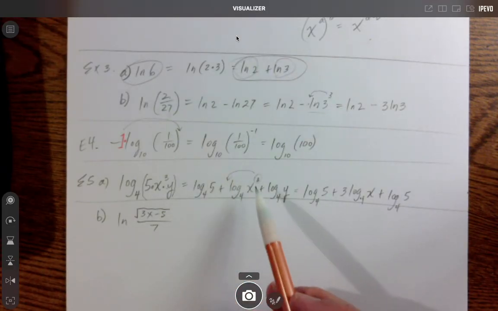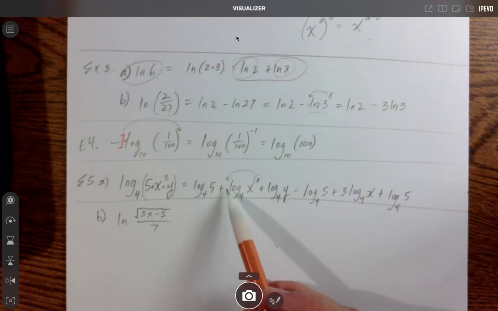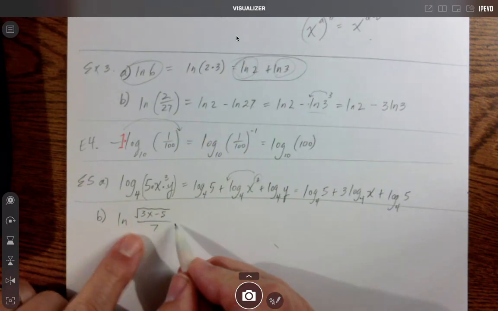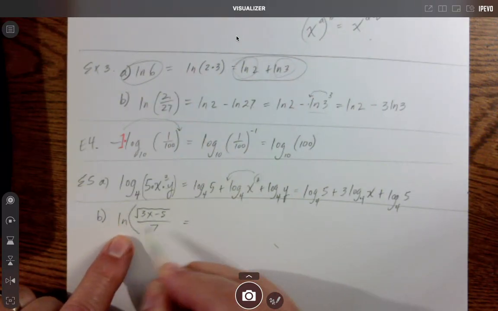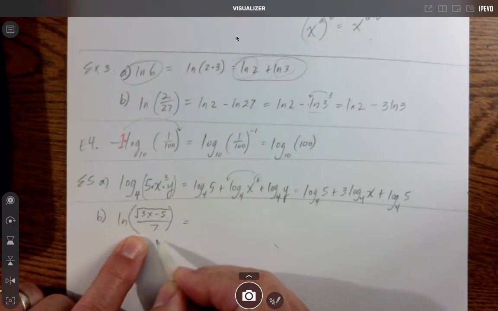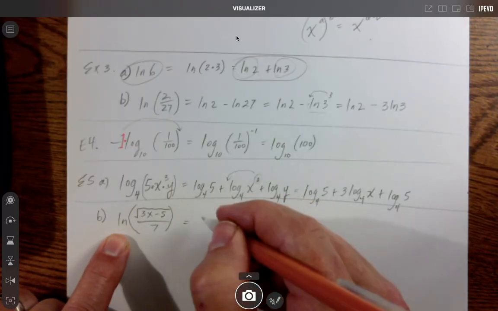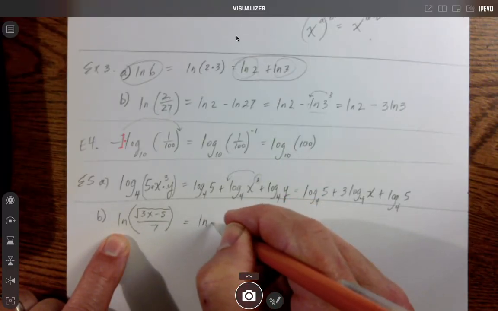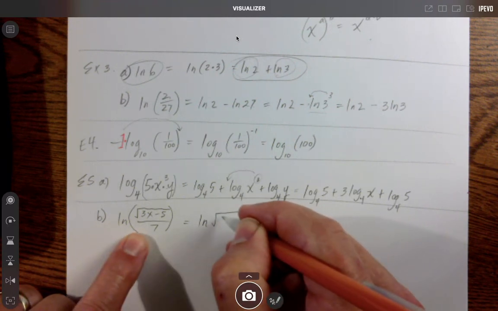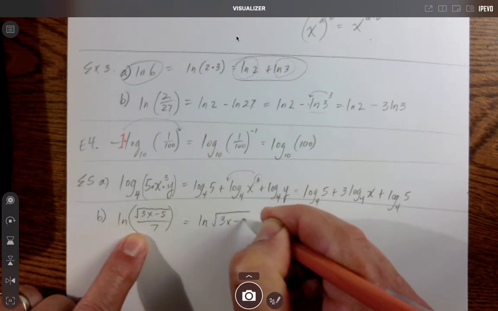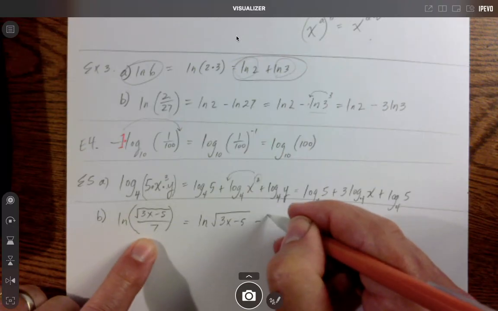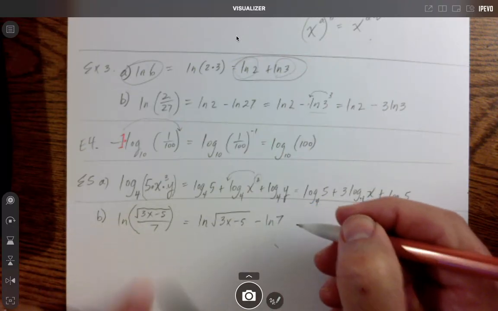Make sure that I get rid of any exponents. If I have them, turn them into factors. So here we're taking the log of a quotient, right? This is a quotient. So that could be broken up into two logs through subtraction. So natural log of the square root of 3x minus 5, minus natural log of 7.